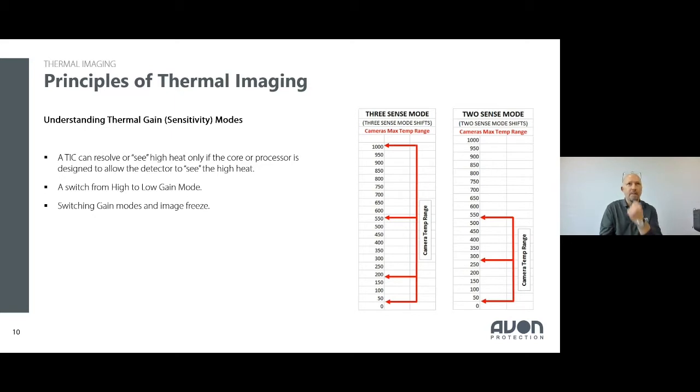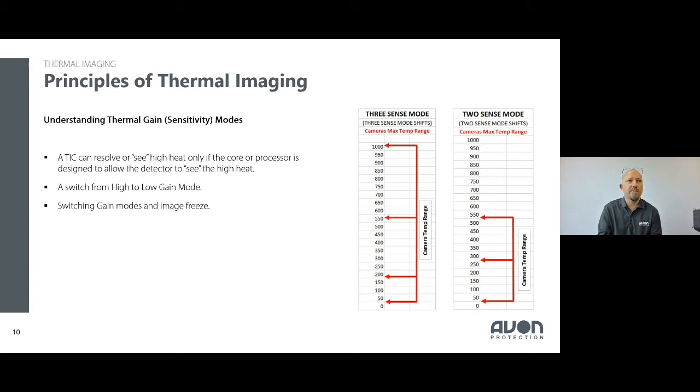The way we do it is we change the sensitivity of the camera sensor during those temperature increases. I'll liken it to a very easy comparison. On a normal camera, whether it's your phone camera or a normal visual camera, if you pointed the camera at the sun, you would have to adjust the sensor, and on a normal camera that would be the ISO, to make a good picture of the sun, because it's very hot.